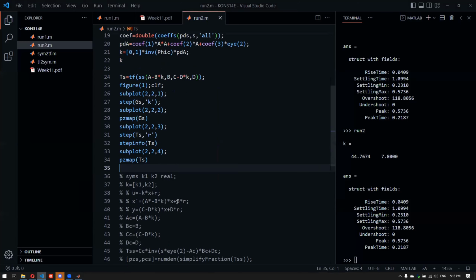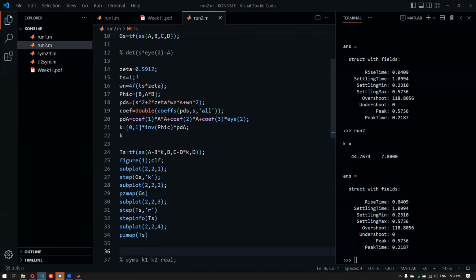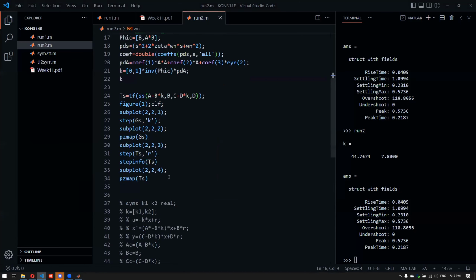So I want to show you the following. What if we are going to design a P-type controller for this and try to assign the same stuff that we had before? So we have basically zeta and omega n. Let's have syms Kp, call it real. Let's have Ts equal to Kp times Gs divided by Kp times Gs plus 1.